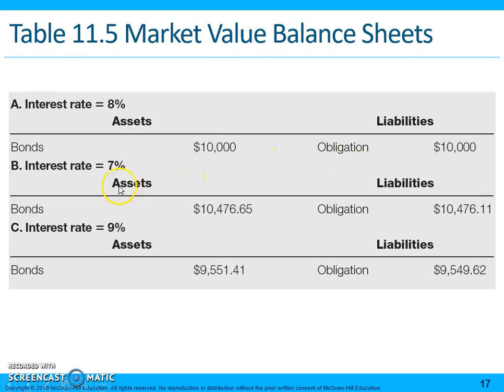If interest rates go down, the value of our bonds is going to go up. The value of our liabilities is going to go up. But since we're immunized, we've offset the change in our liabilities. And then the same occurs when interest rates go up. The value of our bonds falls, and also the value of our obligation falls as well.